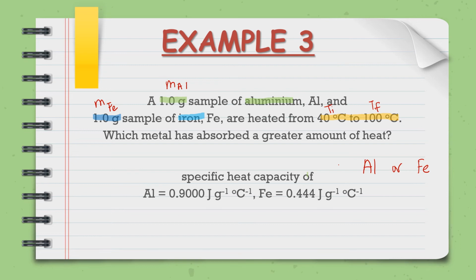Maybe you will think, isn't the temperature rise the same? It's delta T, if you calculate, it will be 60 degrees Celsius. But why is the amount of heat absorbed different? That is because of the capability of that specific metal to absorb heat. Either it can absorb heat faster or it can absorb heat slower.